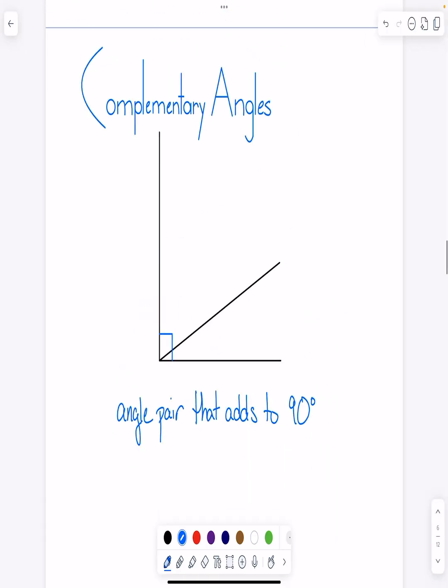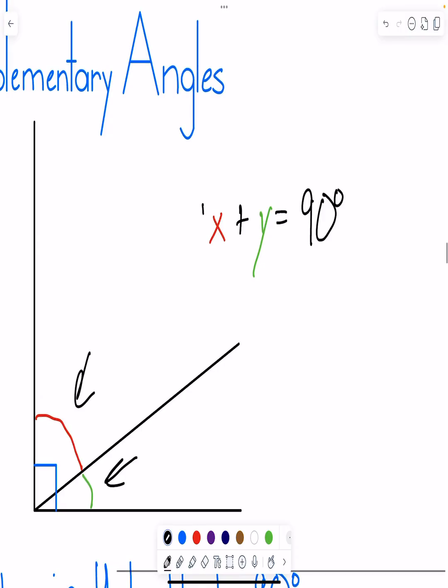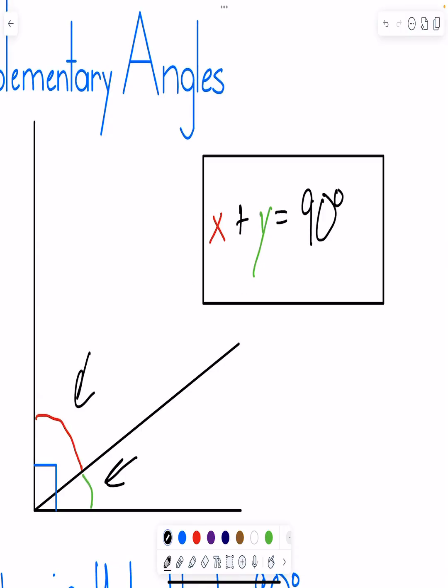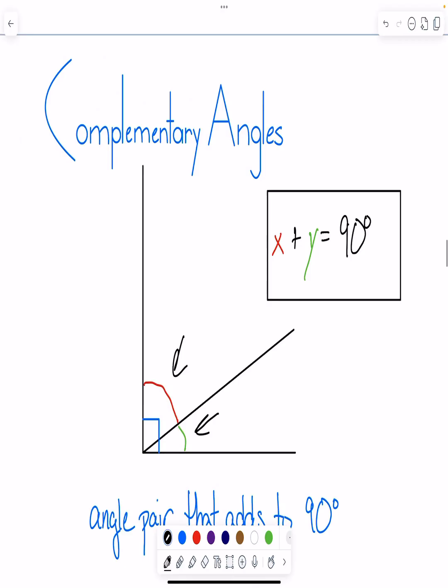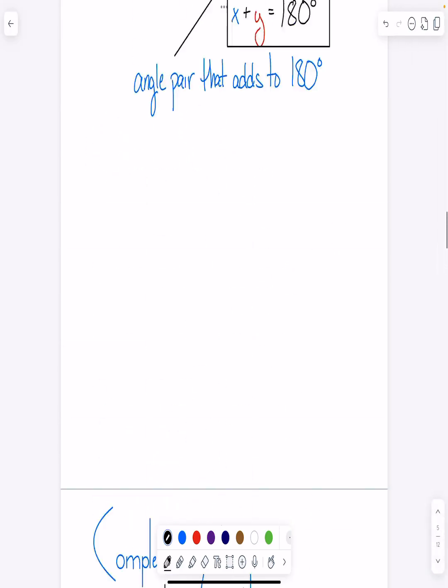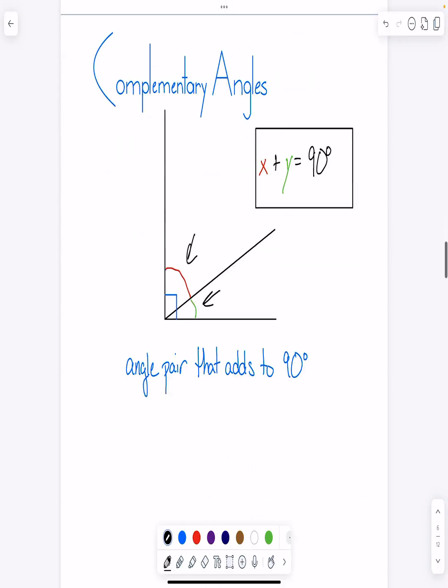If we take a look at this angle in red and this angle in green and add these two together, then x plus some y should give me 90 degrees. So that is the difference between complementary and supplementary. Complementary is 90, supplementary is 180.